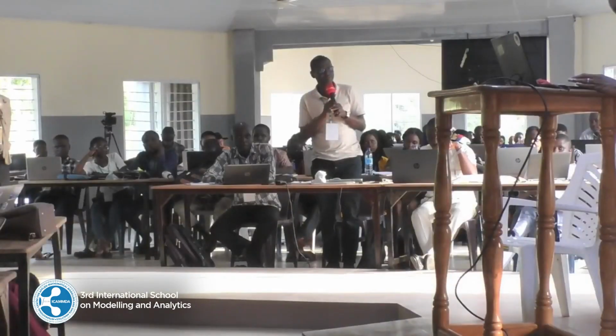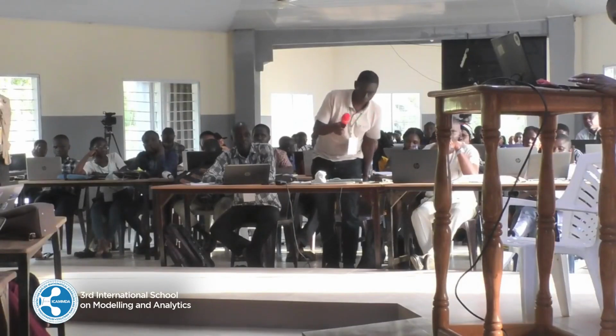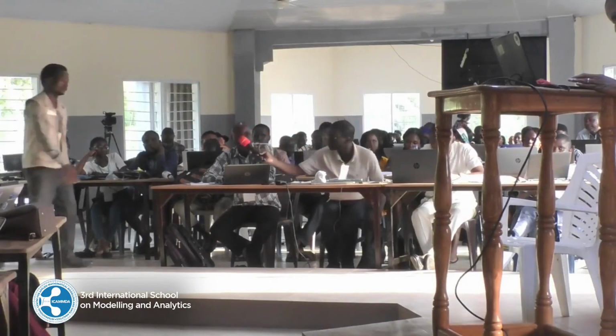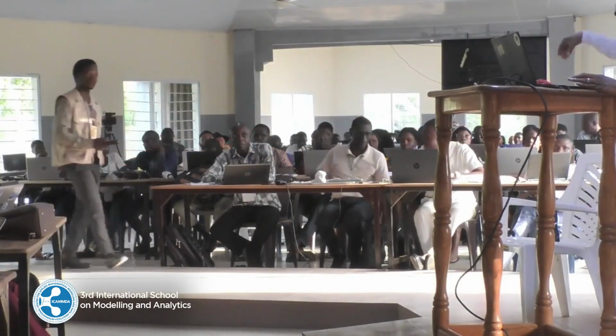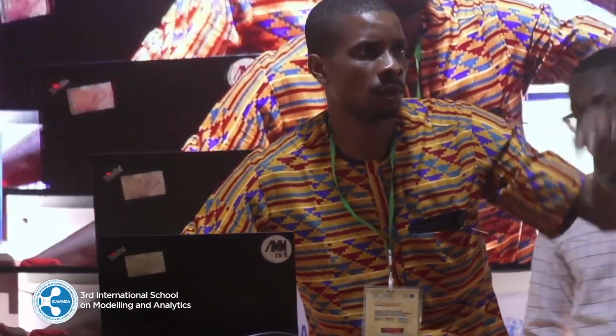Okay, Prof wants to say something. So for predictions, you need data to also make predictions. You are saying you don't necessarily, but you use data to make predictions too. Yeah, so we have different levels of all this. We have nowcasting, we have forecasting, we have prediction, and we have projection.